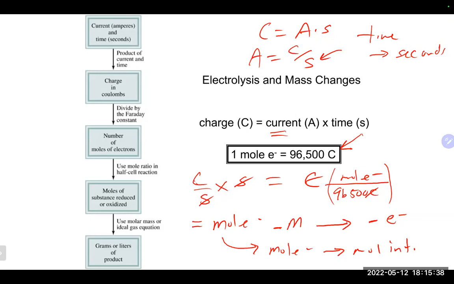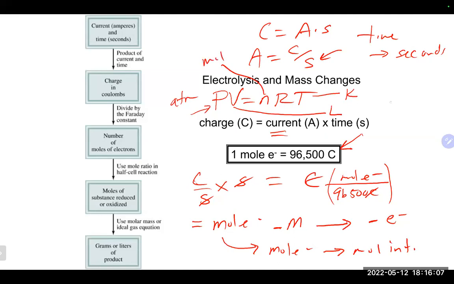Also, sometimes they're interested in how much volume of a gas you collect, like the hydrogen and oxygen example. Since those are gases, we sometimes will need to use our good friend PV equals nRT, the ideal gas law, where pressure needs to be in units of atmospheres, volume in liters, temperature in Kelvin, n should be moles, and R is 0.08206 liters times atmosphere per Kelvin per mole.